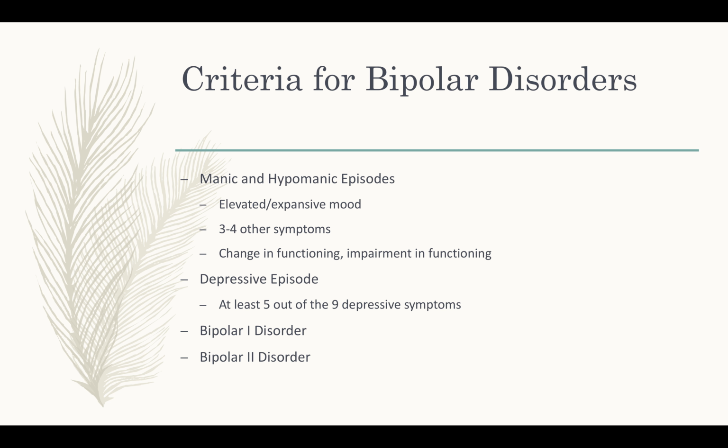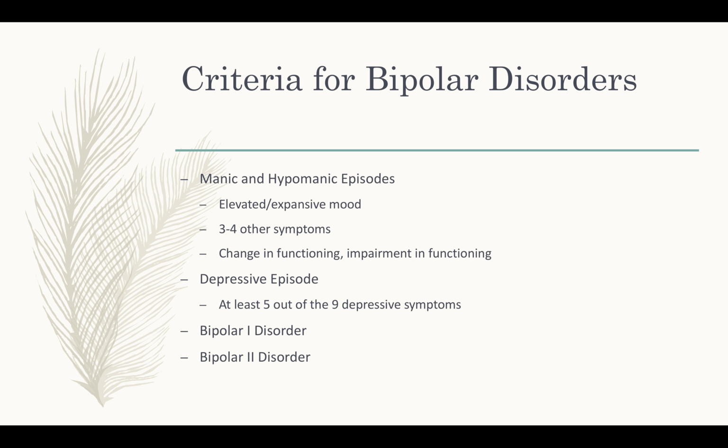So with that elevated mood or extreme energy, there have to be 3 or 4 other symptoms included in conjunction with a depressive episode. So not only is this person experiencing those elevated levels of energy, but at some point they revert to those depressive episodes, and they have to have 5 out of 9 depressive symptoms, okay?